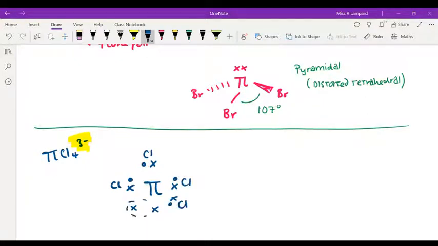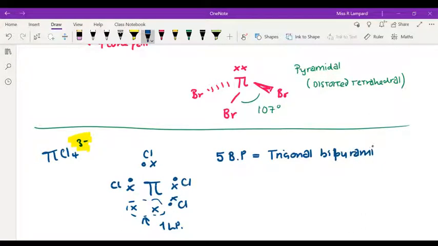That leaves us with 1 lone pair. So let's just say, well, if we had 5 bonding pairs, that would mean it was a trigonal bipyramidal structure, and we would have 3 angles of 120 degrees and 2 bond angles of 90 degrees.